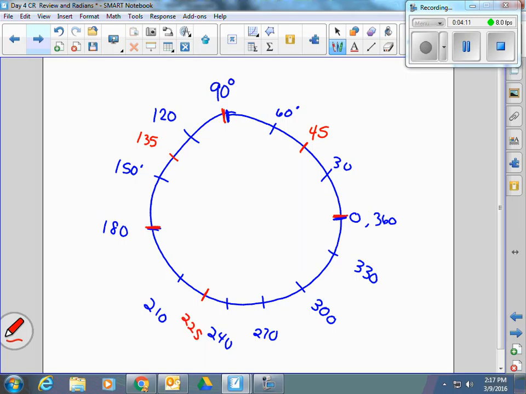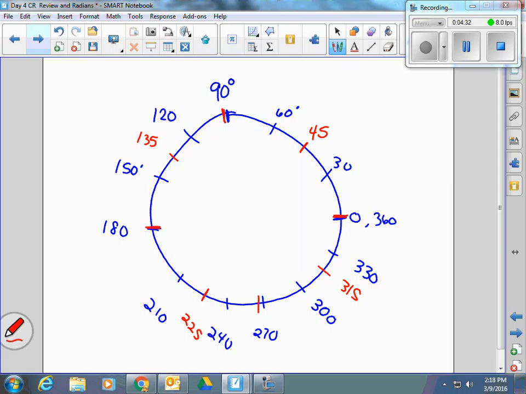Is that right? Good. And then we have 270. And then we have 315. And then back to 0 again. Does everybody understand? I just put the degrees on here, correct? But I made connections to what we had talked about with 30, 60 triangles and 45, 45 triangles.